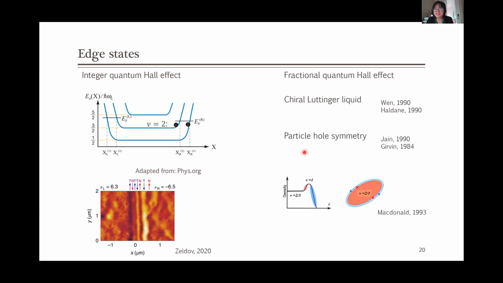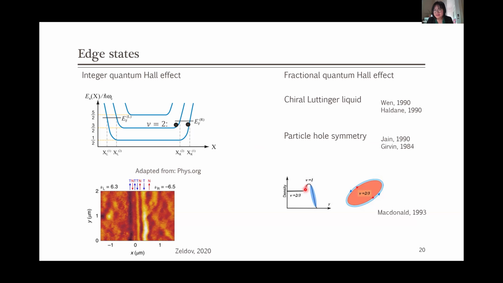More than that, it has a so-called particle-hole symmetry. The particle-hole symmetry dictates that if you have a filling of 2/3, so 2/3 of your Landau level is filled, this is equivalent to 1/3 hole filling. So electron filling of 2/3 equals 1/3 filling of a hole.